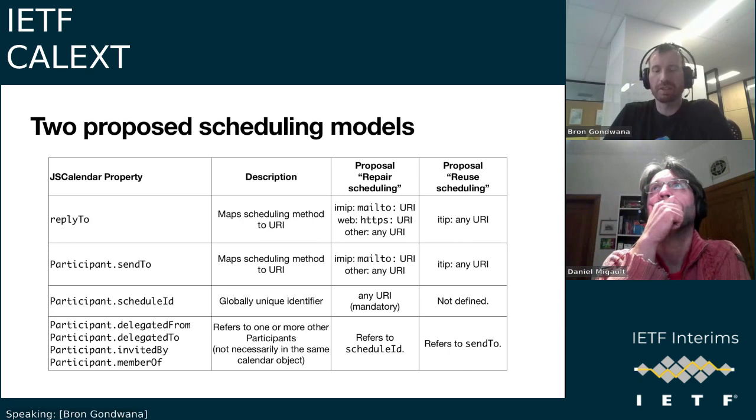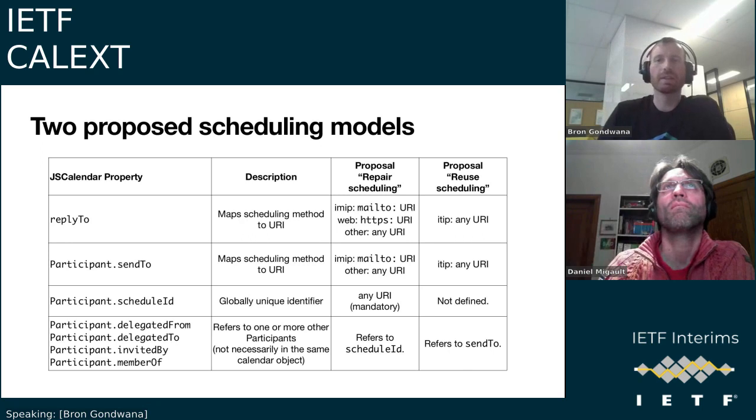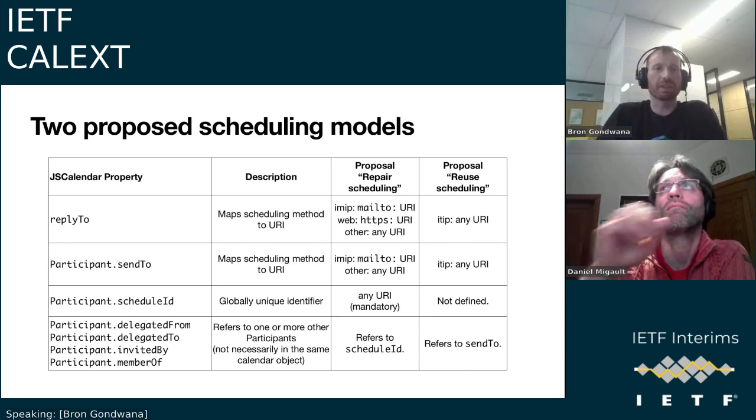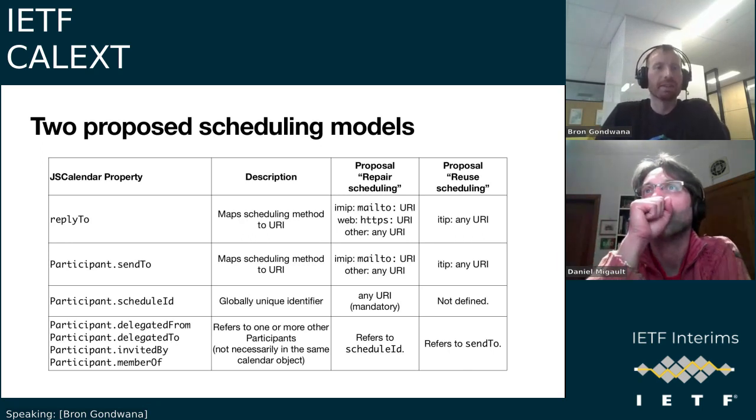Yeah, so long as you're never round-tripping out of JS Calendar into iCalendar for something, which we will need to be able to support for quite a while. I mean, sure, but ultimately that goes back to the question of superset versus trying to make them exactly equivalent. I think we can map this pair scheduling quite easily to iCalendar.